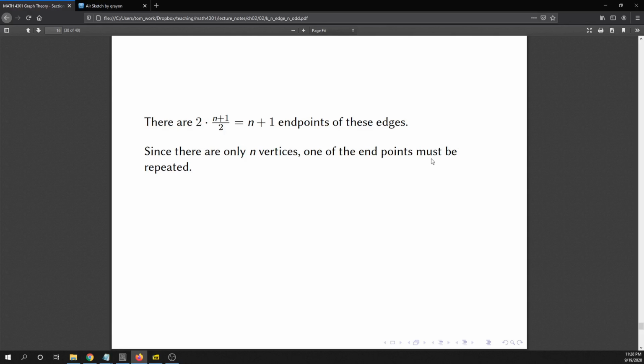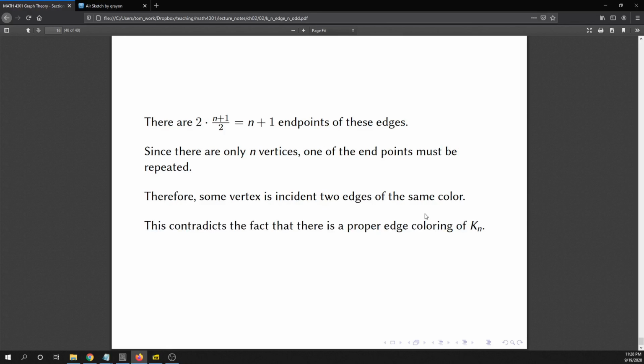Since the edges are distinct, the other vertices on the other ends would not be. And so what you end up having is some vertex that's incident to two edges of the same color, and that contradicts the fact that it is a proper edge coloring of K sub n.